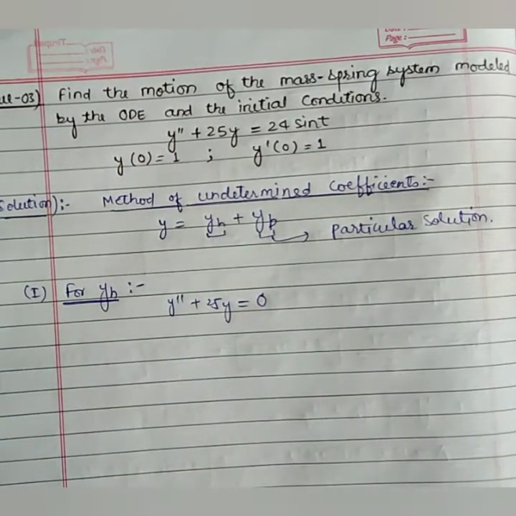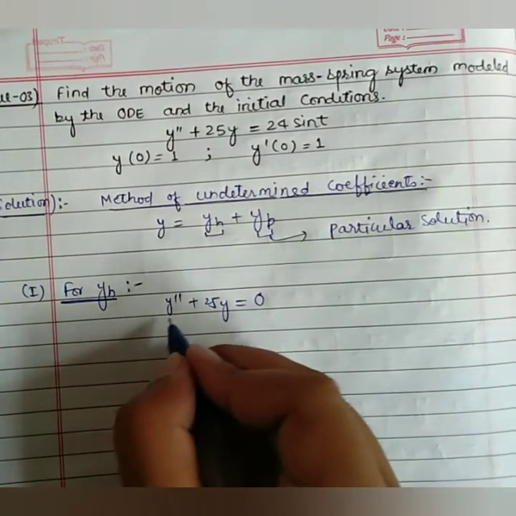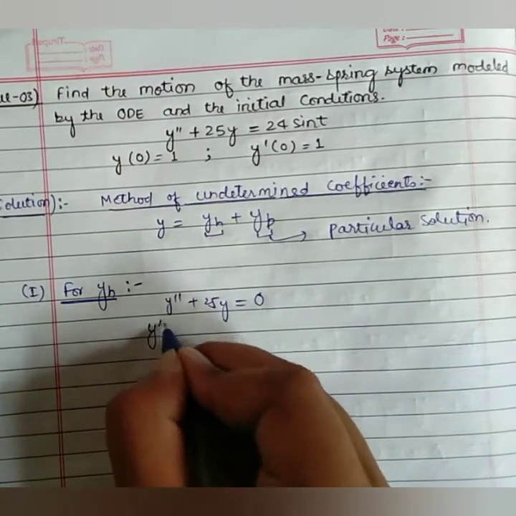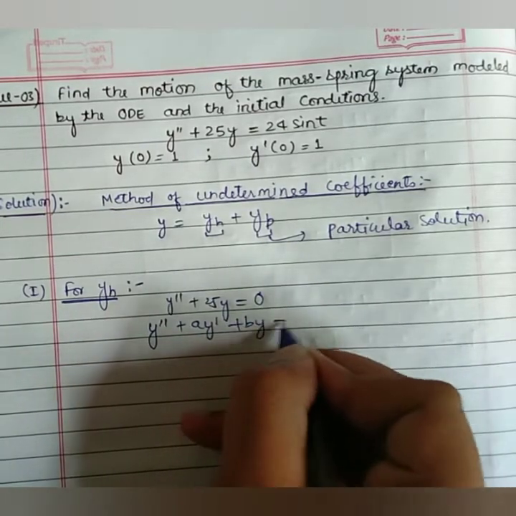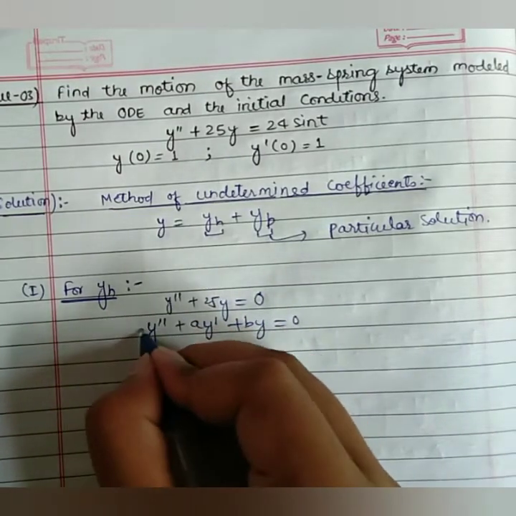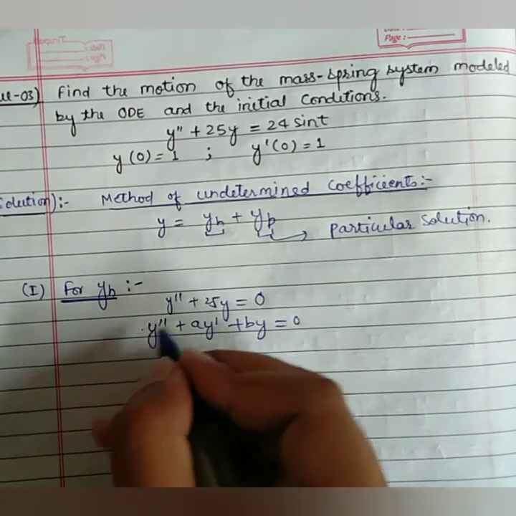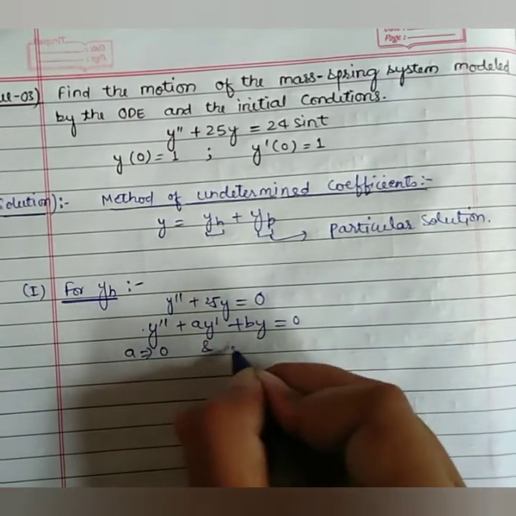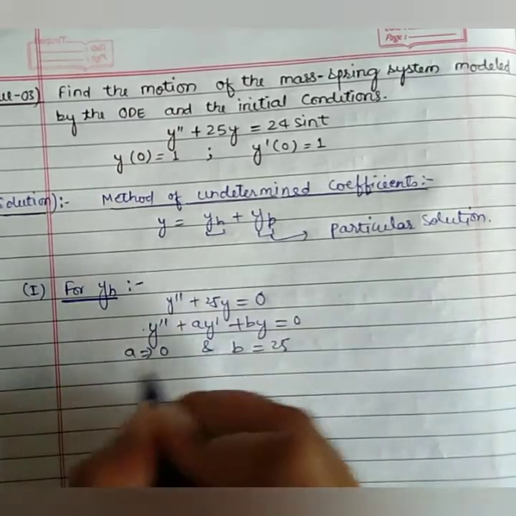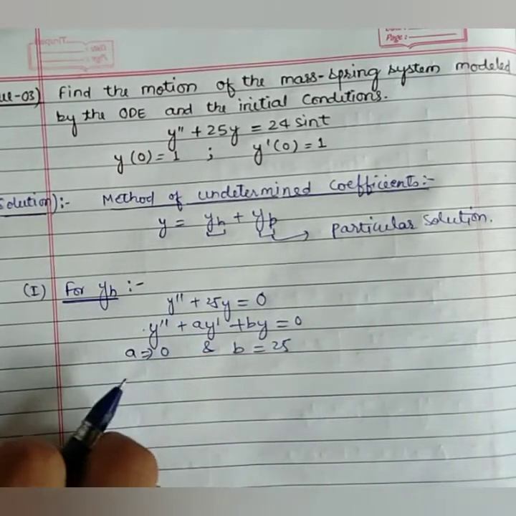When we compare it with the general linear second order ODE, y double prime plus ay prime plus by equals 0, we can easily infer that a equals 0 and b equals 25.